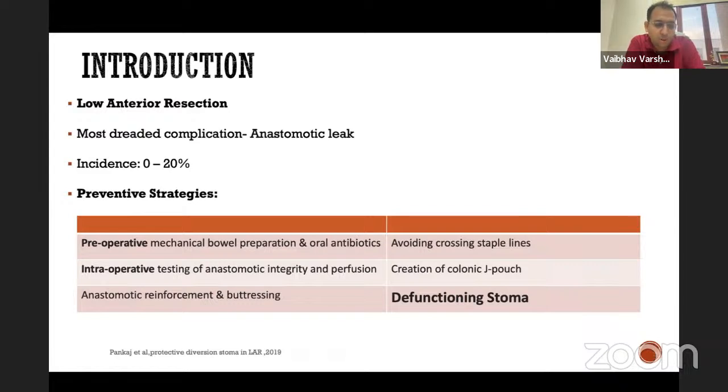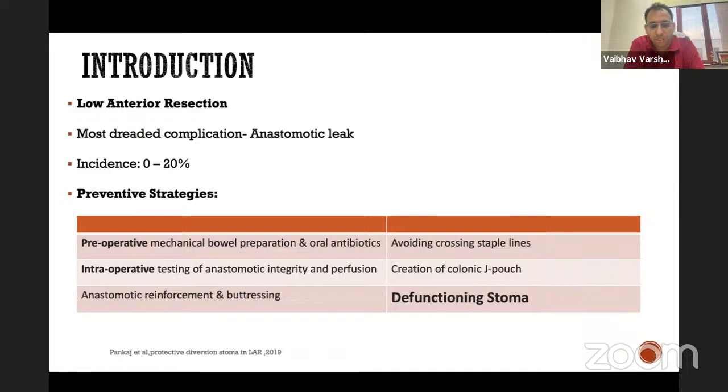Then a few surgeons also prefer anastomotic reinforcement and buttressing, taking some sutures at the corners even after a stapled anastomosis, to prevent anastomotic leak, and avoiding crossing the staple lines. Then creation of a colonic J pouch. This means we are doing an end-to-side anastomosis, the end of the rectum or anal canal and the side of the colon.